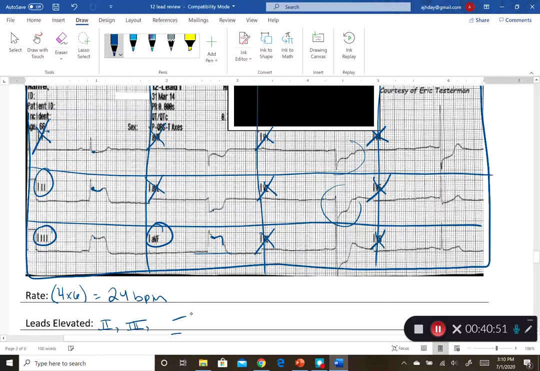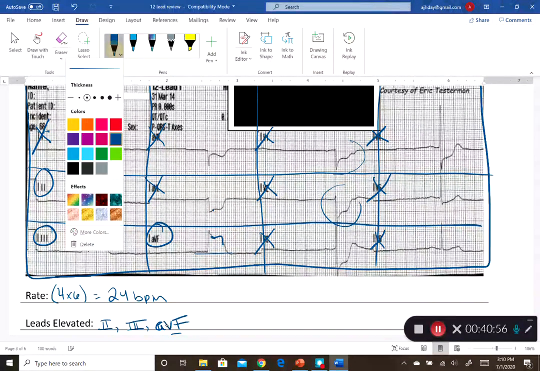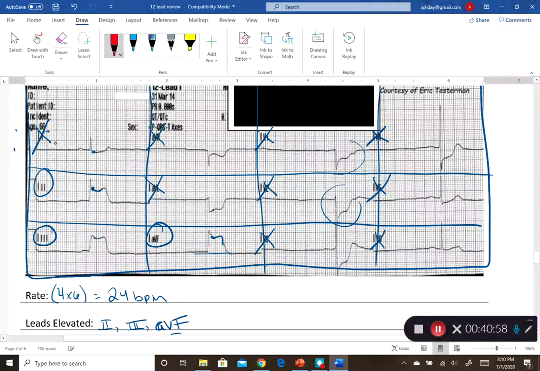Oh, and there goes my AVF, started moving again. All right, let's go ahead and label our walls. So here's my lateral, here's my inferior, my septal.